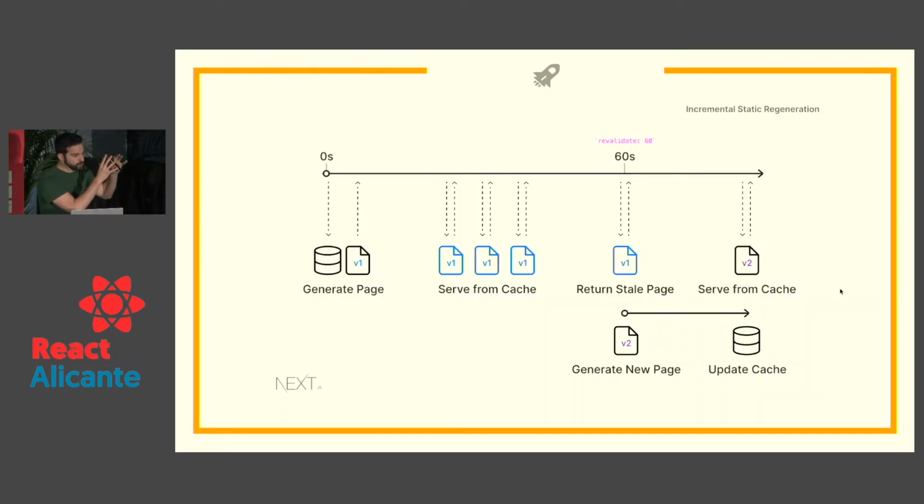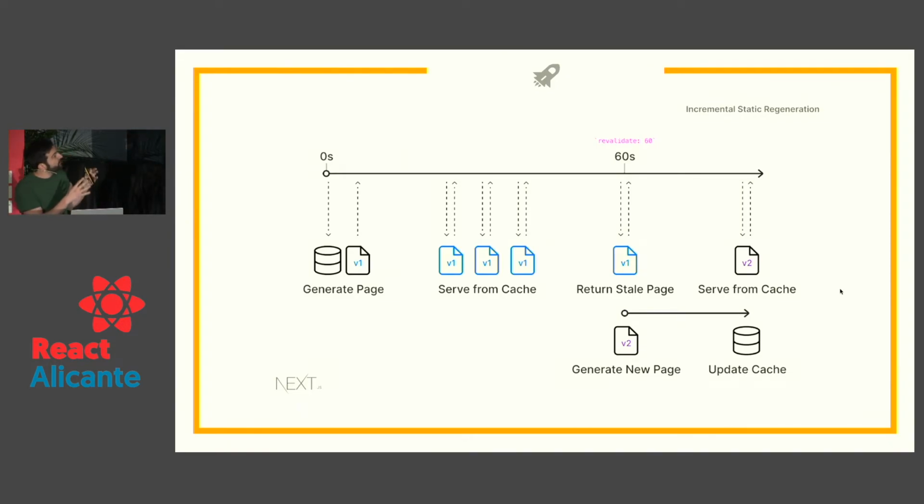So I will have a build process that will generate all the static files of my websites, or the ones that I want to define. We will offer the cache version of those pages to the users, and we will define a revalidate value, which is in seconds.